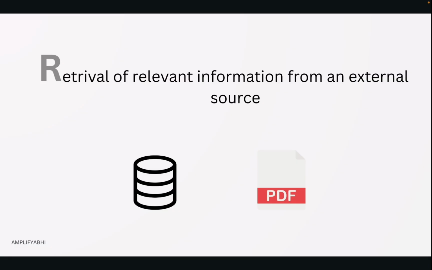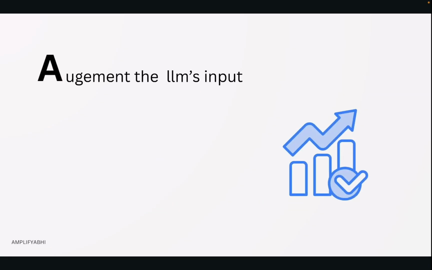The second step is to augment the LLM's input. So what do you mean by augment? It's like improving the LLM input. Whenever you provide some input to the LLM, we try to improve it by adding more relevant information that we have in our documents or vector database. Let me narrate exactly what is happening.